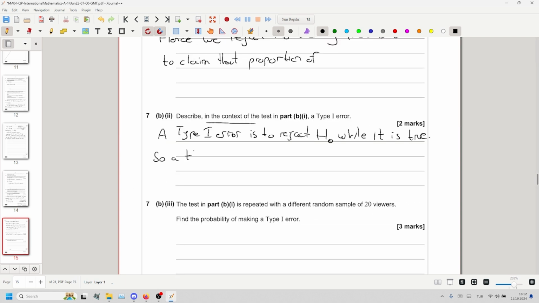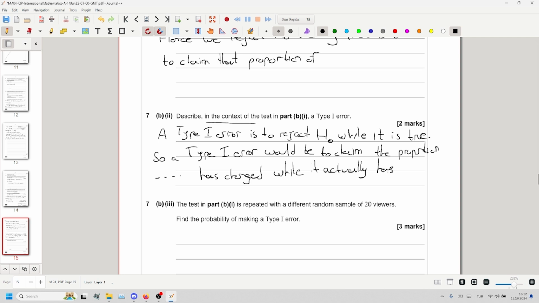So a type 1 error in this case would be to claim that the proportion, blah blah, I'm not going to write all of this, has changed while it actually has not.